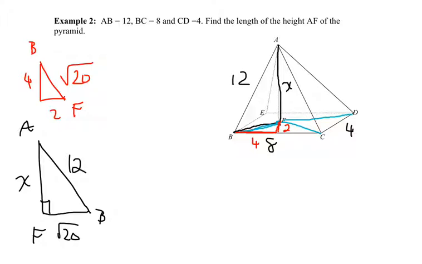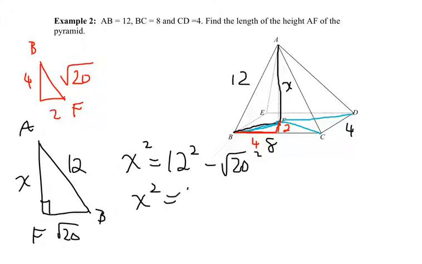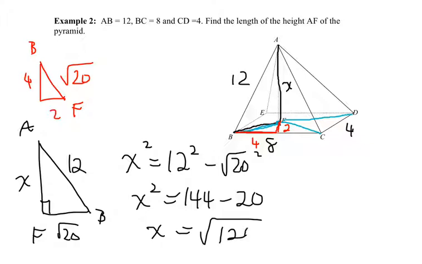So we're going to have x squared equals 12 squared minus root 20 squared. And then we can figure that out. Of course, 12 squared is 144. Root 20 squared is just 20. So x is the square root of 124.